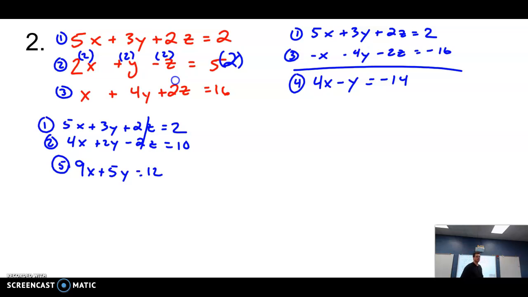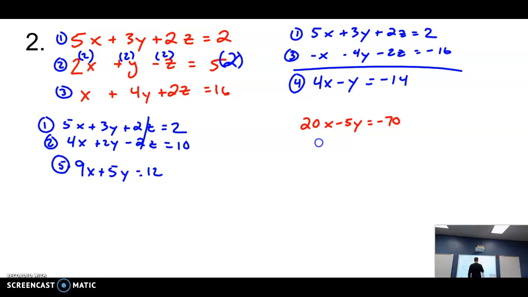So now I take a look at my equation 4, and I take a look at my equation 5. I'm going to go after y, right? Because this is negative, this is 5, so if I times this by 5, the y's will go away. So I'm going to multiply equation 4 by 5. Okay?